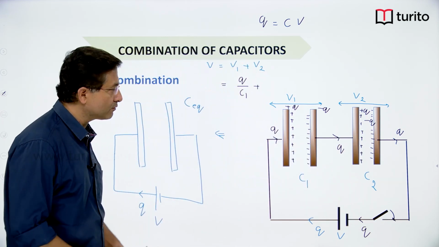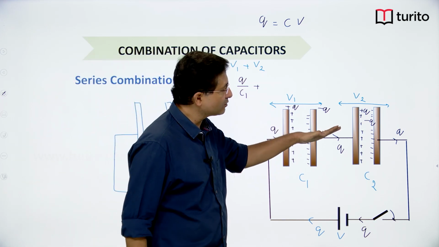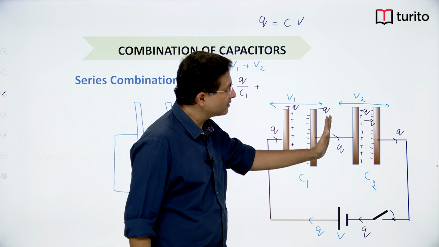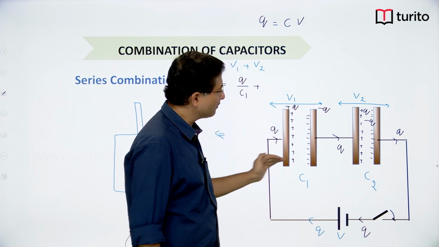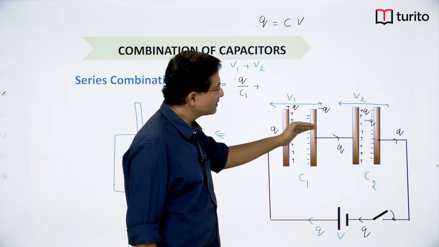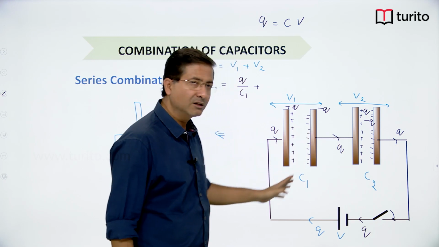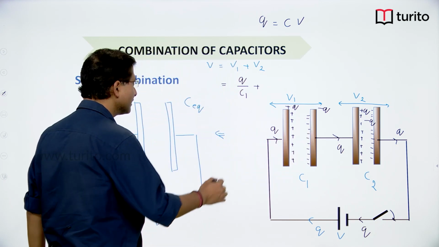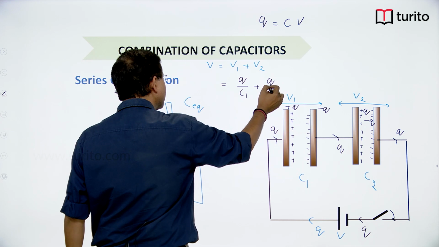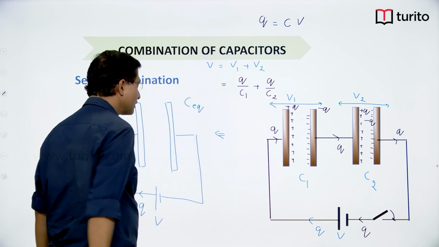There is no division of charge at the junction. There is no other branch here which can take some part of the charge out. So, whatever is getting into this one, the same is getting into this one, they have the same charge. Here I can write voltage Q by C2, right.